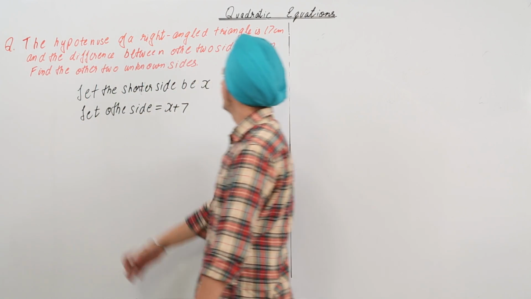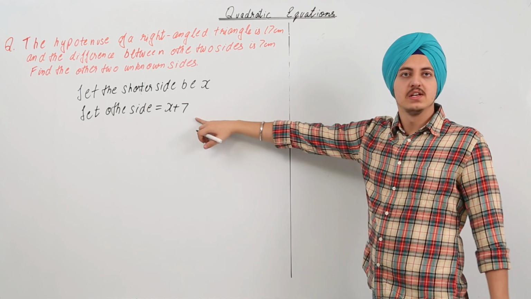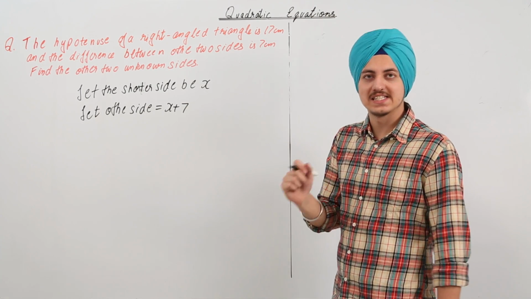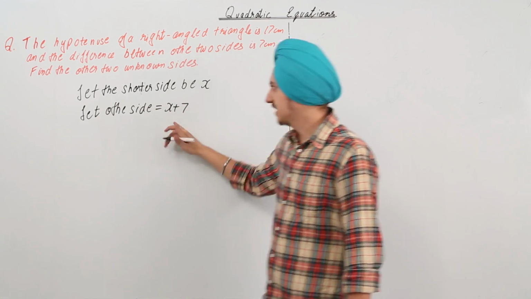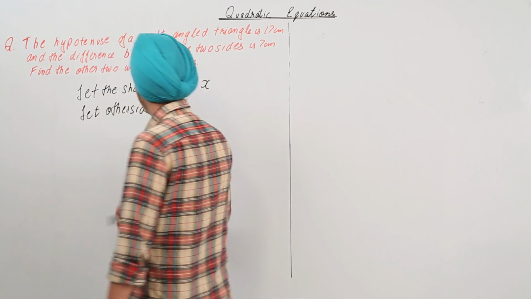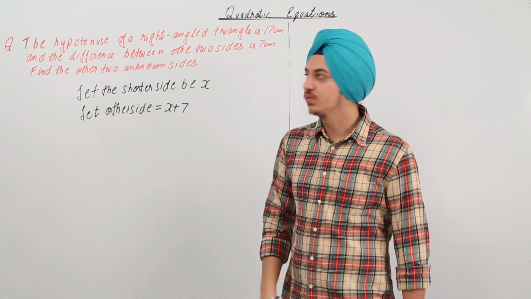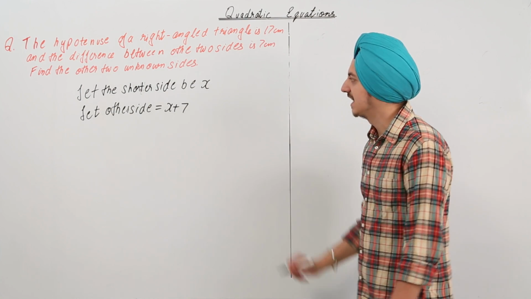Why? Because the difference between the two other sides is 7. So if the shortest side is x, the other side is x plus 7. And the hypotenuse we know is 17 centimeters.